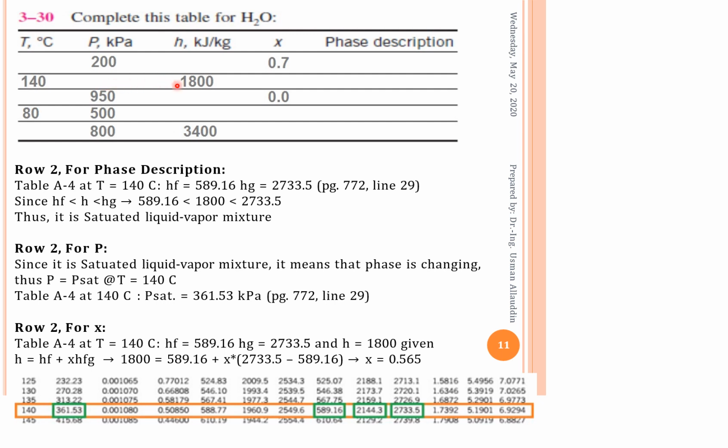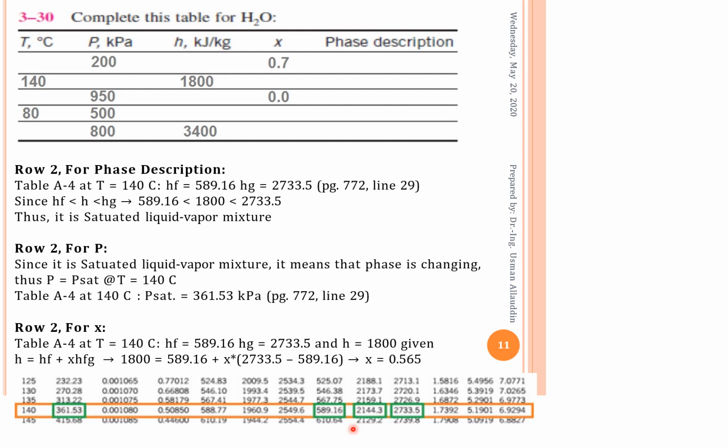And after that, enthalpy is given to us. But in order to find our phase, we can compare our value. Our value, near 1800, must be in between. How will we know that? This is our hf, this is our hg, and this is our hfg.